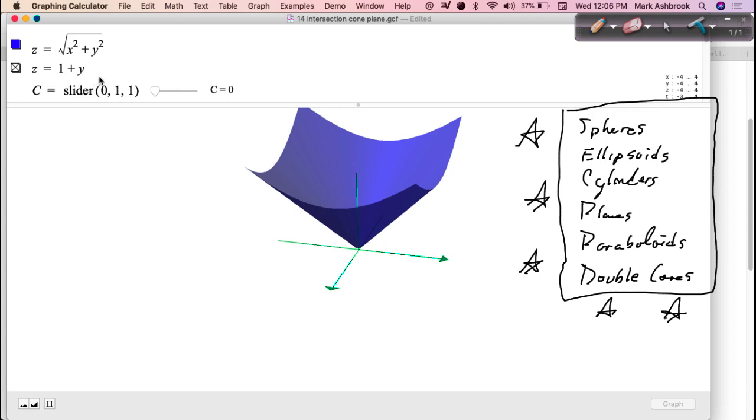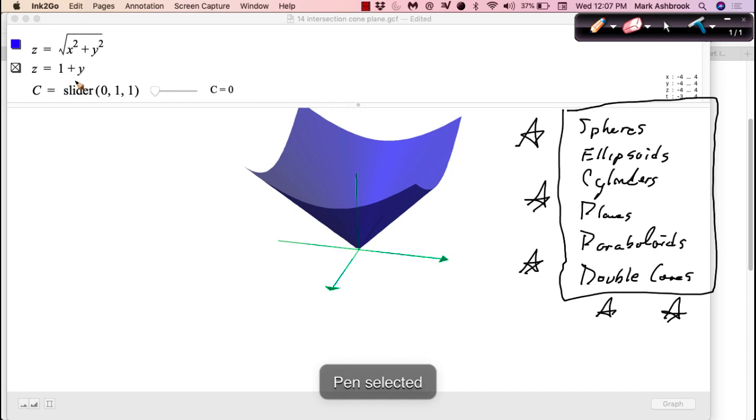It's like you're taking a line and extending it. Because it only has z and y, so you just extend it in x. Or you can think of it as 0x minus y plus z equals 1, our equation of a plane. Both are valid. So when you intersect the cylinder z equals 1 plus y with this cone, what will you get?